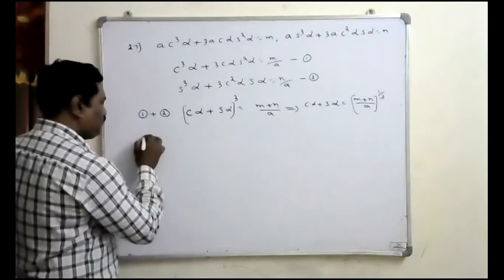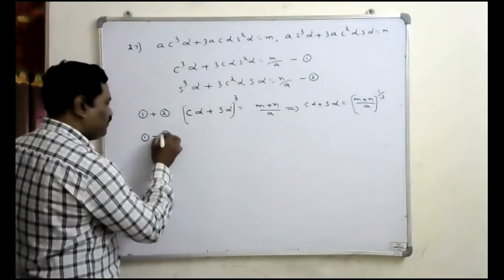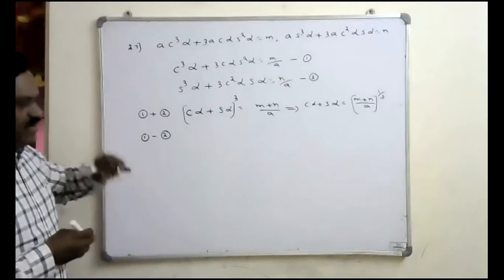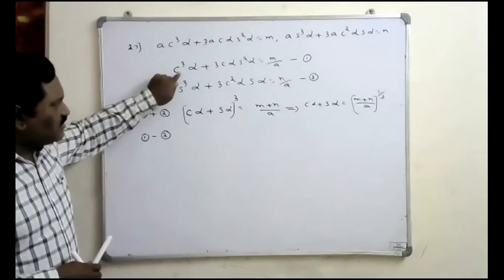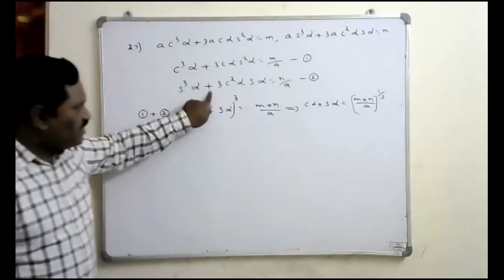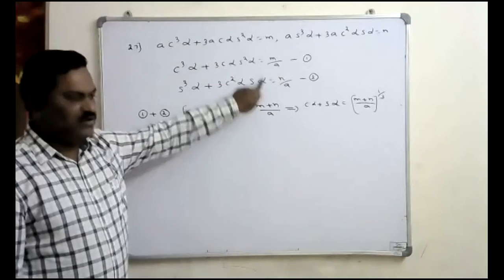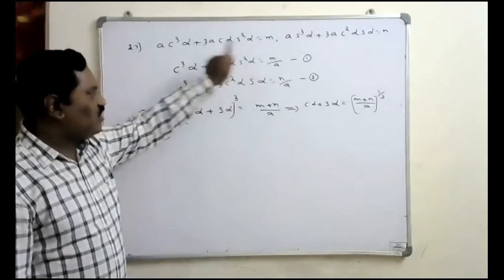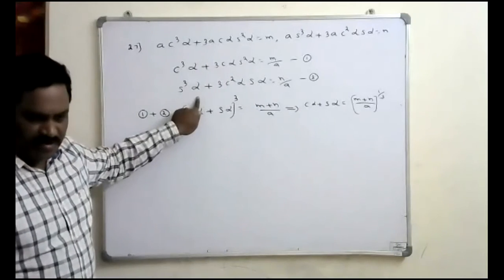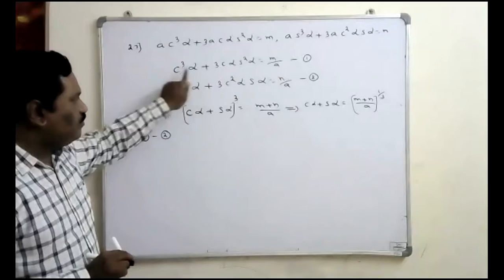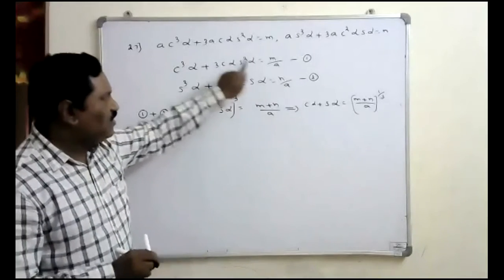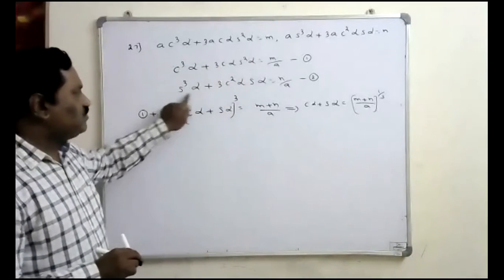Similarly, subtract 1 and 2. Subtracting, we get cos cube alpha minus 3 cos square alpha sin alpha plus 3 cos alpha sin square alpha minus sin cube alpha. This is the formula for a minus b whole cube: a cube minus 3a square b plus 3ab square minus b cube.